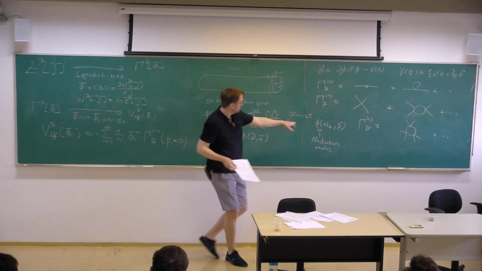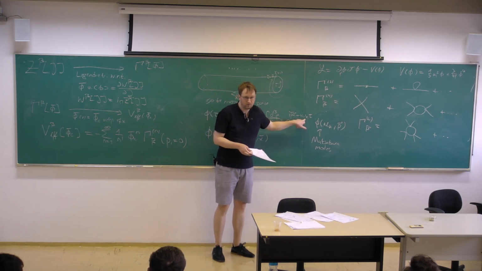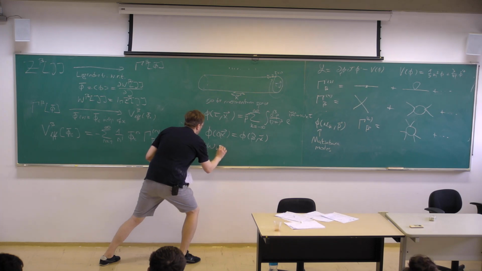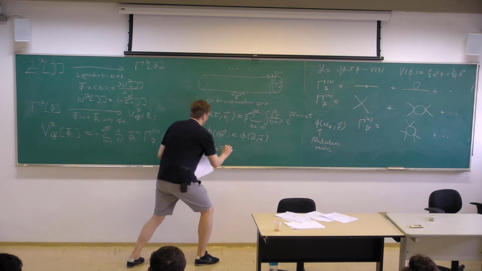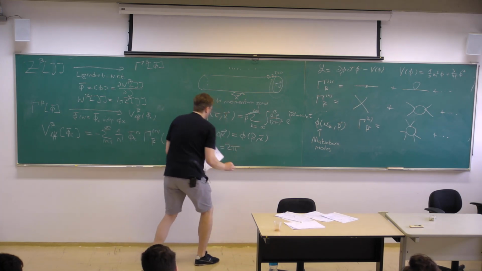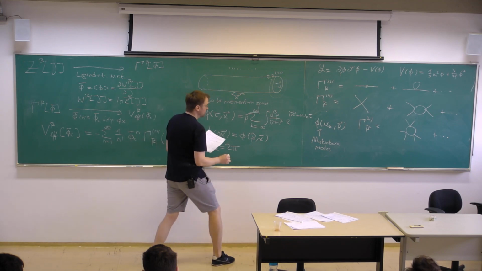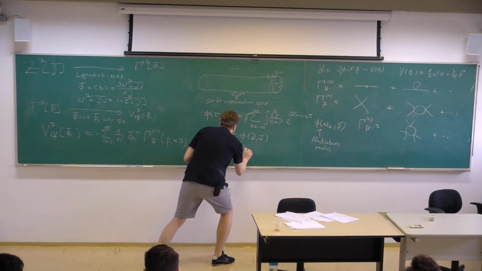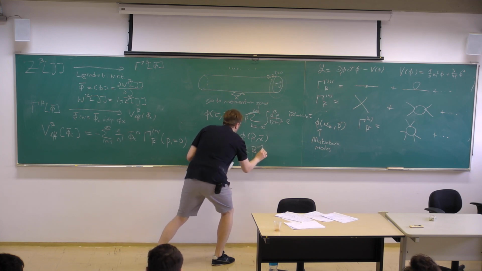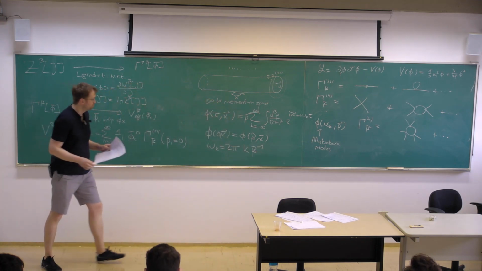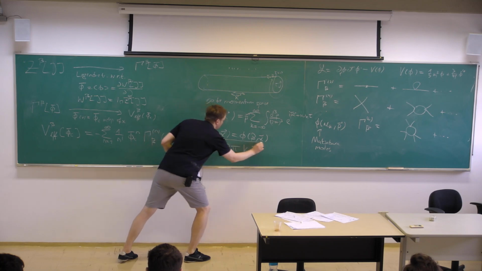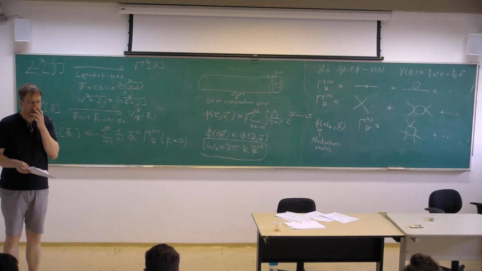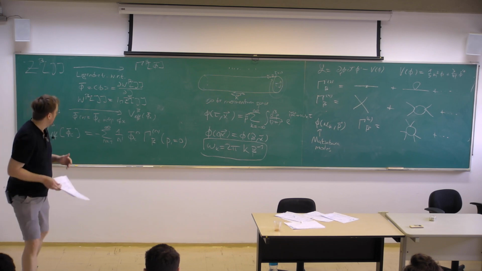And then you see that this is fulfilled if omega k takes on integer values times a normalization factor. Sorry, you need this 2 pi exactly. So omega k is given by 2 pi k beta to the minus 1.